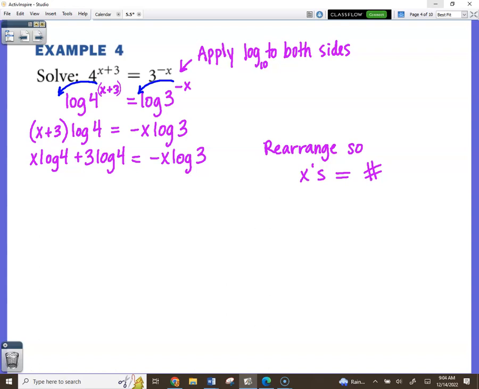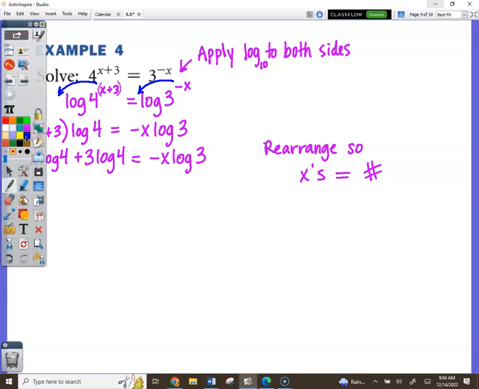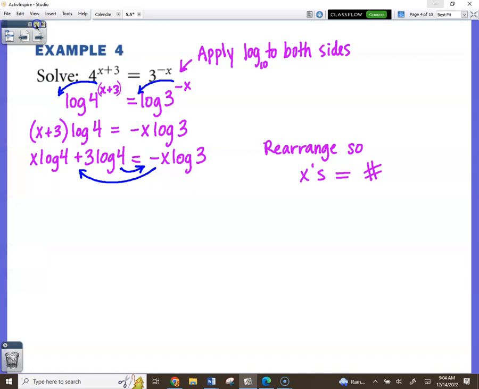So in this case, it would be a swap of these two things here, right? This would get added over here, and then that one, since it's positive, would get subtracted to the other side. So we've got x log 4 plus x log 3 equals negative 3 log 4.